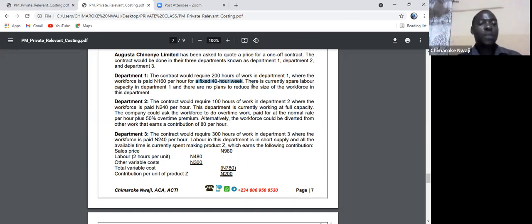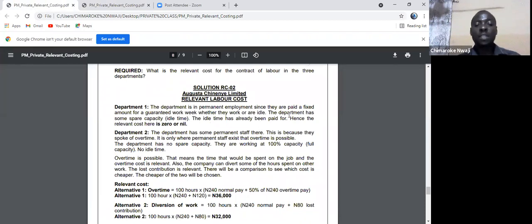Then when we say that they are permanent, the next question is that the department has spare capacity. We mentioned here that whenever there is spare capacity, it means there is permanent labor, and the relevant cost of spare capacity for permanent labor here is 0.